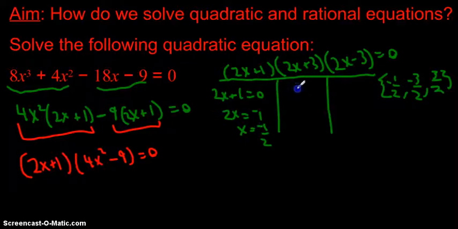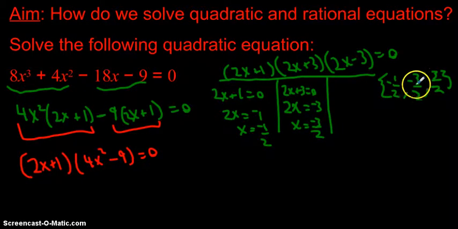We have 2x plus 3 equals 0 as another possibility, so if this one is 0, the whole thing is solved. So we get 2x is equal to negative 3, x is equal to negative 3 over 2, so that's the other solution. And last but not least, we have 2x minus 3 equals 0, we get 2x is equal to 3, and x is equal to 3 over 2.